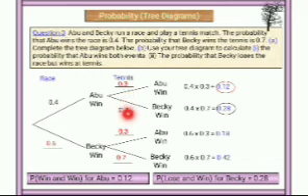Then if he wins here, he must lose here, right? So for this one we have 0.4 and then 0.7. If you multiply 0.4 and 0.7, it is equal to 0.28, which is the probability of loss and win.